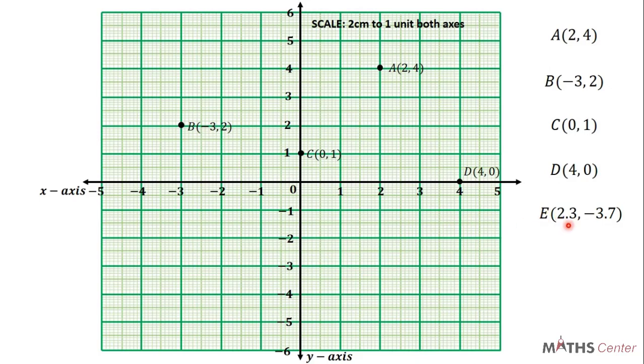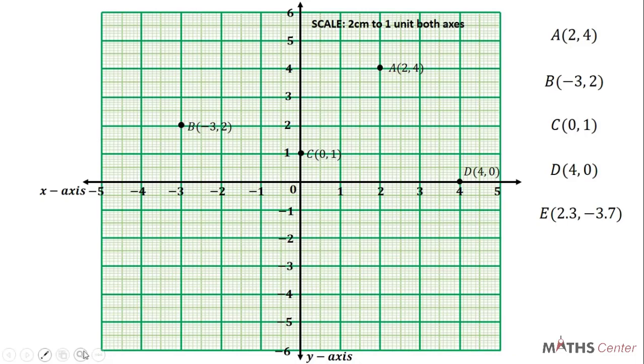We can see that 2.3 does not fall on a major grid line, and -3.7 does not fall on a major grid line. In order to plot points like this, we will have to know the value of each of the divisions on the x-axis and on the y-axis.